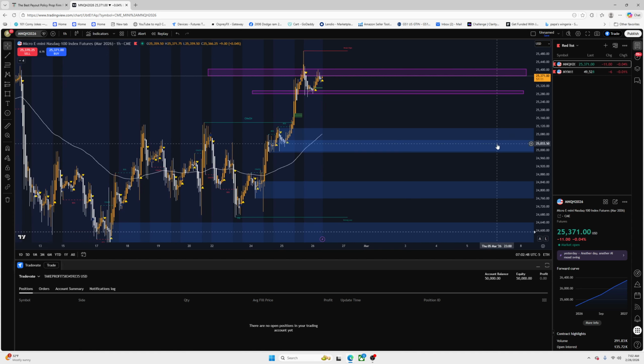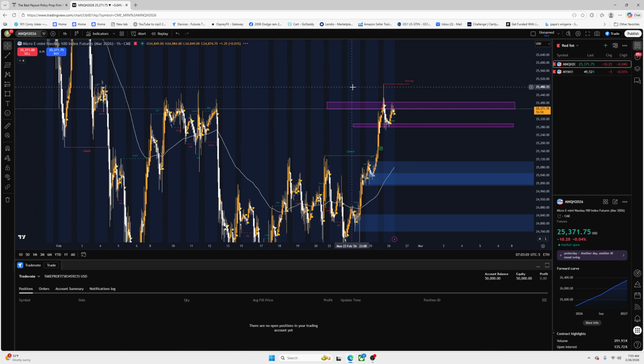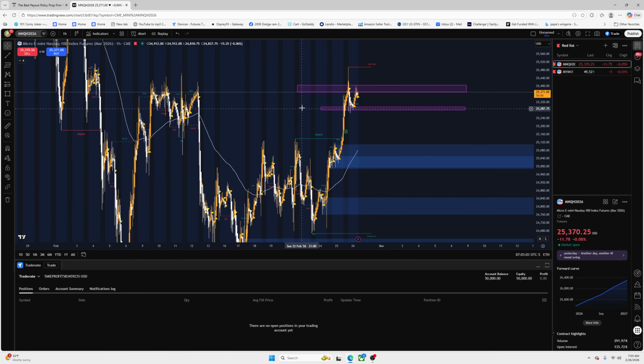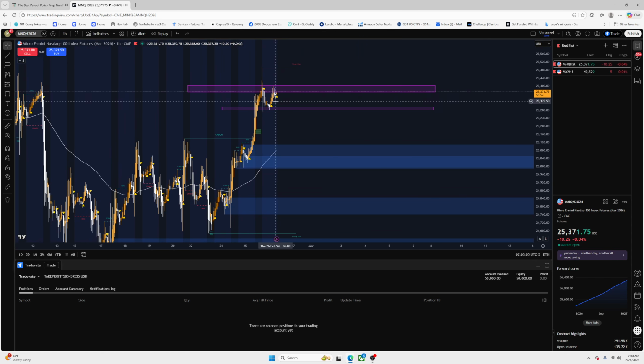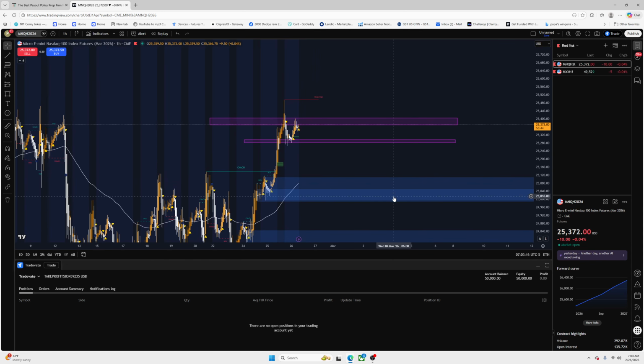So we got our zones drawn out, and we're gonna wait and see what price ends up doing. If it ends up breaking above here, we're gonna look for either a break, retest, and back up to the upside, or we're gonna look for a break down here, retest, and then we'll have our entry to the downside. That's what we're gonna be looking for.